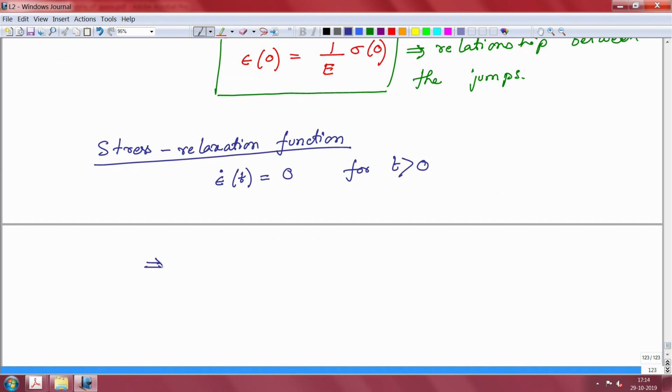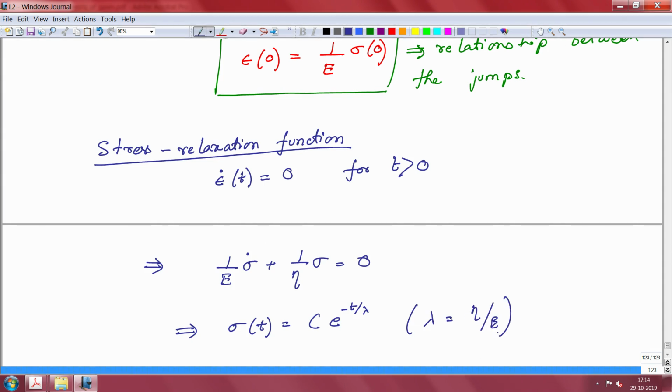And our corresponding equation was 1 by E of sigma dot plus 1 by eta times sigma equal to 0. So, this sigma t is some constant times e to the power minus t by lambda, where lambda was this eta by E. Right.